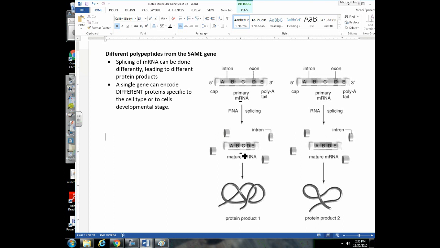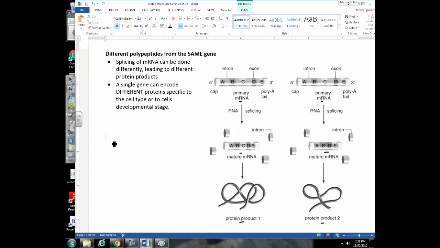And this combination is going to code for a sequence of amino acids that ends up with a protein that looks like that. But that exact same gene coding for that exact same mRNA can be spliced differently. And we can see that we have a different combination of exons being spliced together there, which will code for a different protein product. So it's really interesting that the same gene in two different cells can lead to different protein. And it's because of alternative RNA splicing.